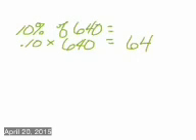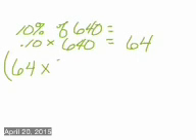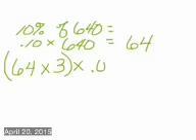To find the usage tax, you take that $64 a month, multiply it by how many months you're going to use it, and then multiply it by the percent, which is 6% in this case. So what's 64 times 3 times 0.06?